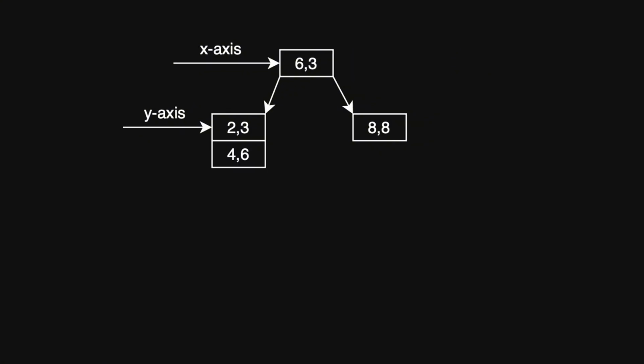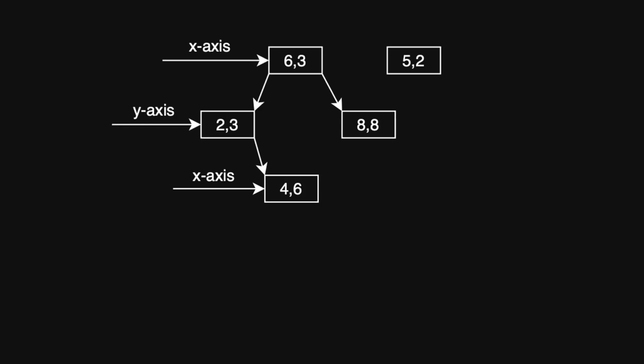Now we reach the y-axis level, so we compare the y dimensions: 3 with 6. 6 is larger, so it goes to the right of the (2, 3) node. There you have it: x-axis at the root node, y-axis at the middle level, and x-axis at the leaf. So they just rotate.